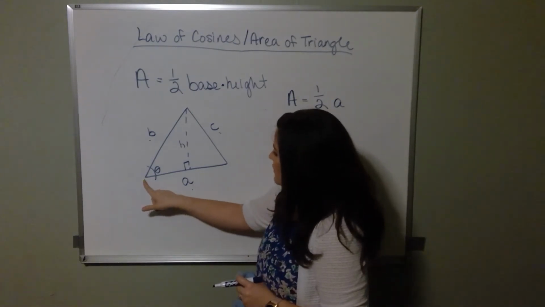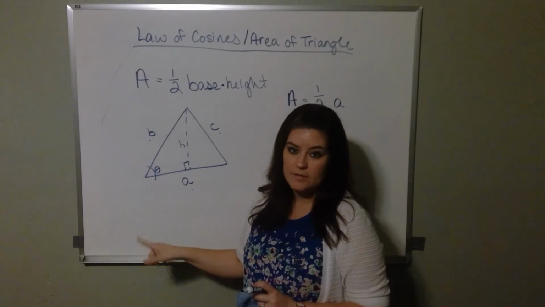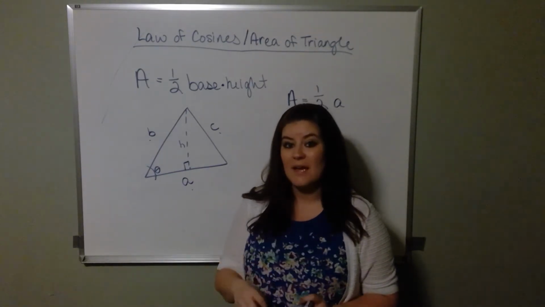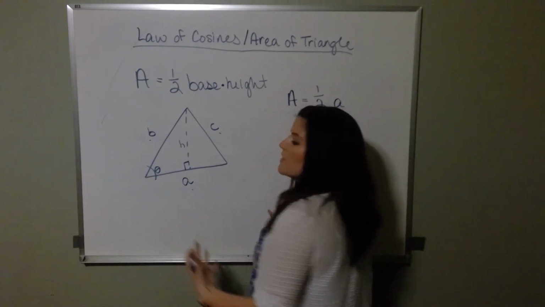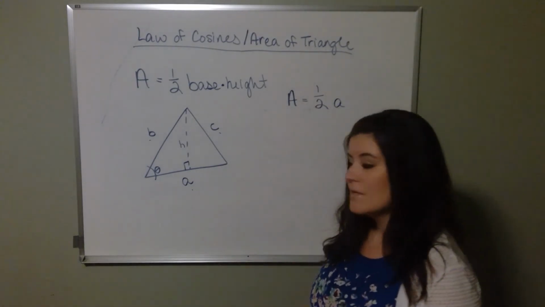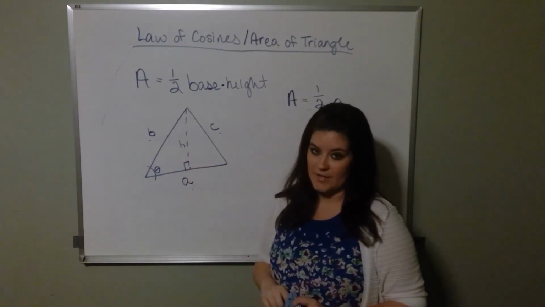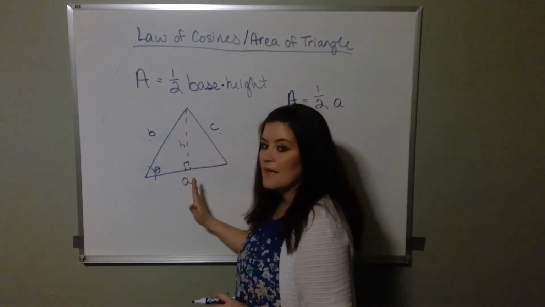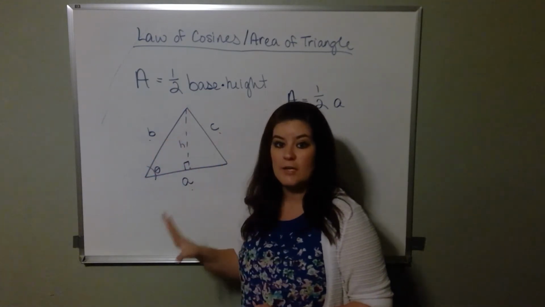Notice I have a known angle. You have to have a known angle to be able to do what we're about to do, but luckily in your examples you do have this known angle. Using what I know about right triangles, we're going to find a trig ratio that finds H for us. This line that I created as H creates a right triangle within my larger triangle.